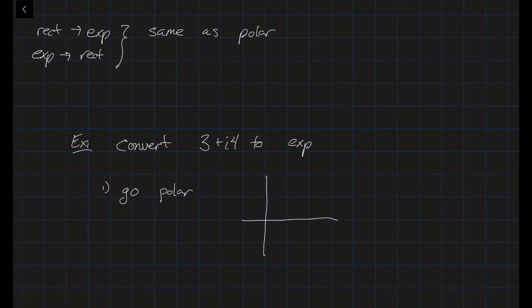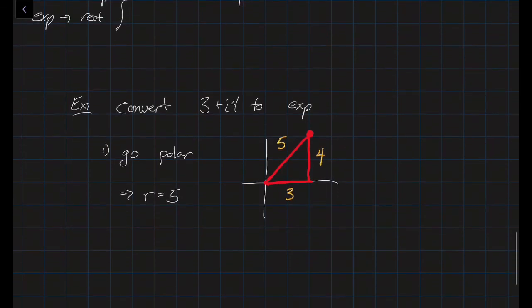To go polar, we're going to have to look at the length, and we're going to have to find an angle. To find the length, we can either use the Pythagorean theorem to find the length of the hypotenuse, or we can know that it's a Pythagorean triple of a 3, 4, 5 right triangle. So this tells us that the length is actually 5.